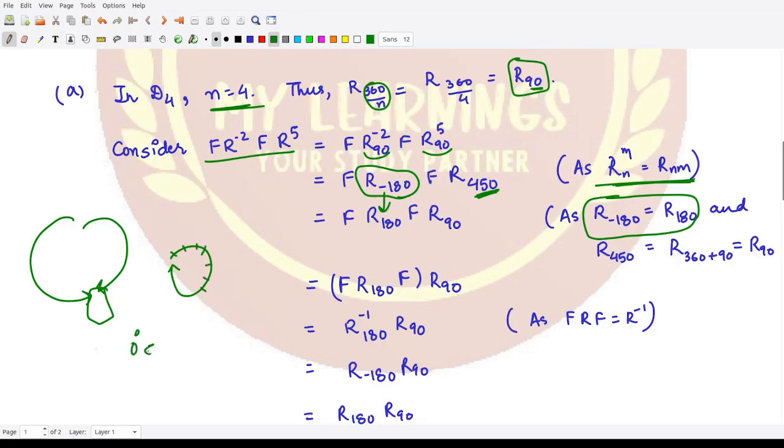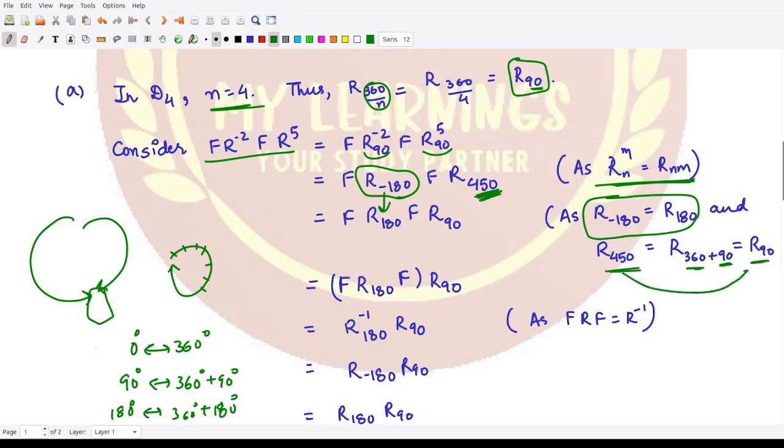So 0 would correspond to 360, then 90 would correspond to 360 plus 90, and similarly 180 would correspond to 360 plus 180. Similarly, we can write this 450. 450 is 360 plus 90. So you could write this as R90 here. So we have written R90 instead of this.